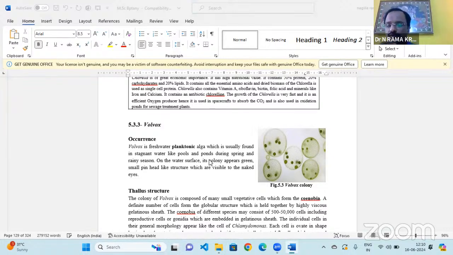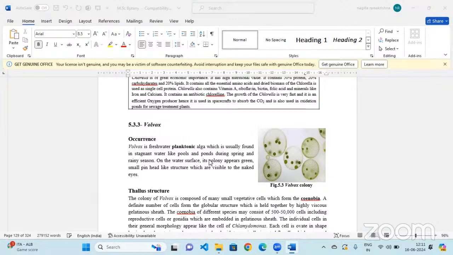The cell wall has an outer layer and an inner layer. The outer layer is made up of pectic substances, and the inner layer is made up of cellulose. Audible? Yes, sir.